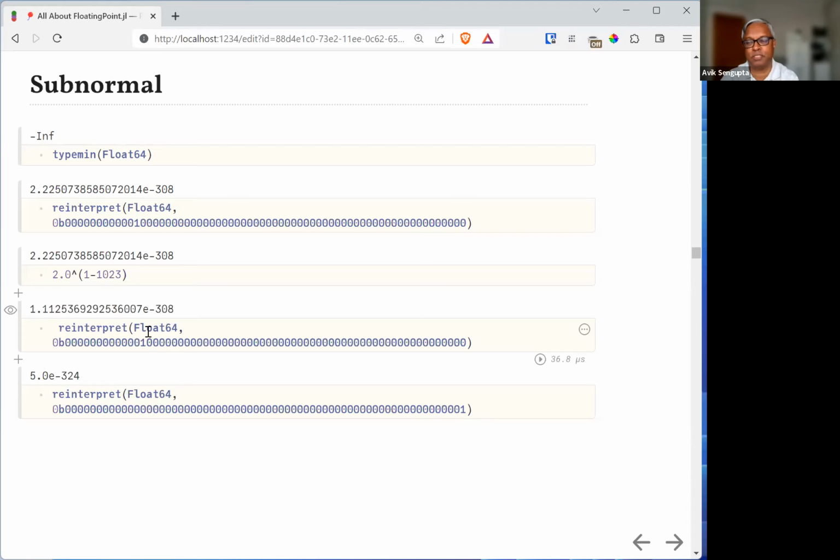You can go smaller and smaller and smaller, and that is useful in some situations. So numbers of the order of 10 to the power minus 308 is probably the first subnormal number that you can represent in floating point.